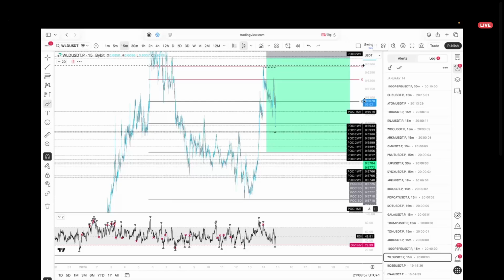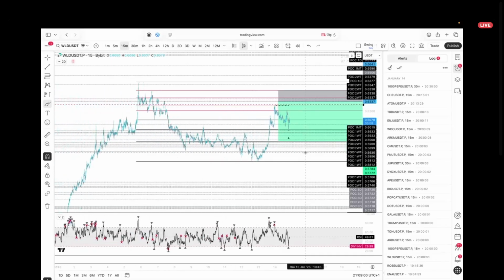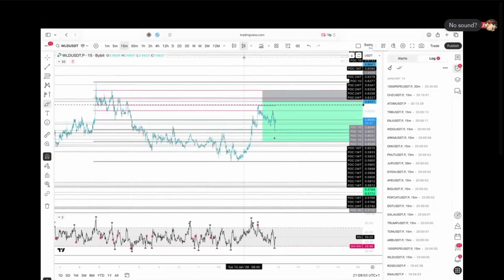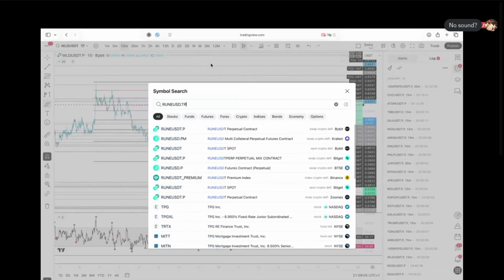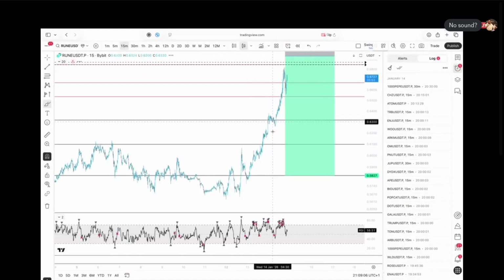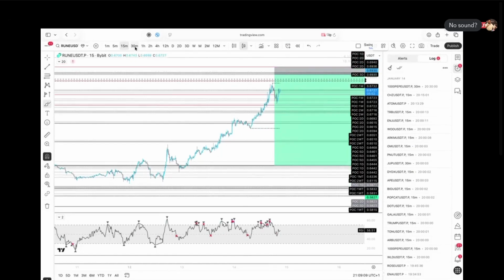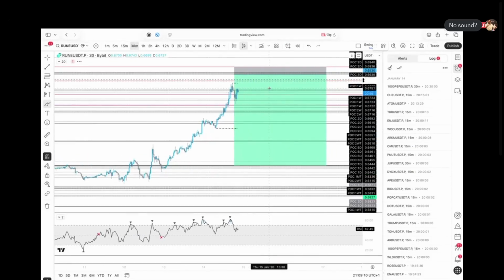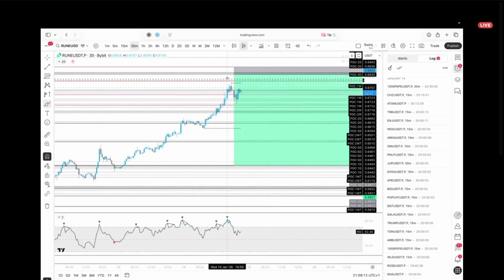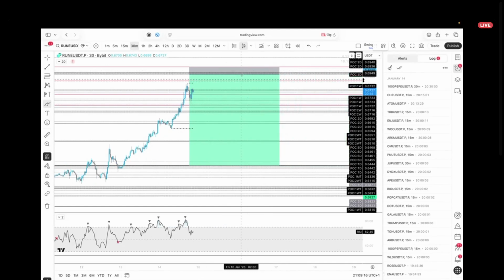VLD. This shit here. I want it up here. Then I had Rune for a short, I think. Let me see how it's going. I wanted Rune a bit higher. We had a peak above our POC. Now we just have this tiny area of interest here. I just have a couple of orders up here.